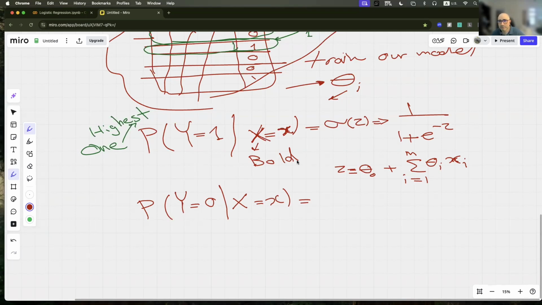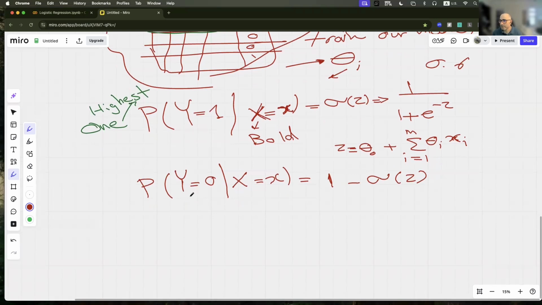And so we only have two classes, two probabilities or two outcomes. So based on log probability, whatever this value is, if this probability is, for instance, 60%, the probability of being benign would be 1 minus 60%, or 40%. So this equation would be 1 minus sigma, because we only have two outcomes.